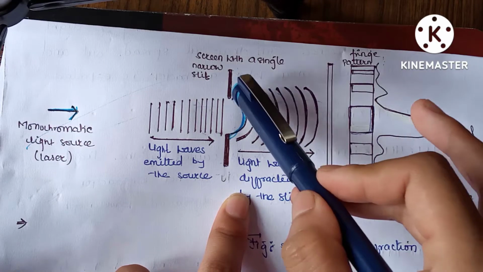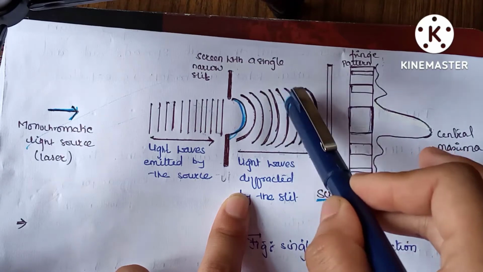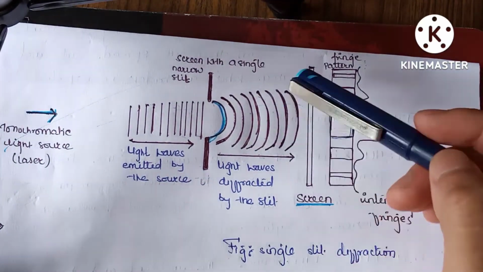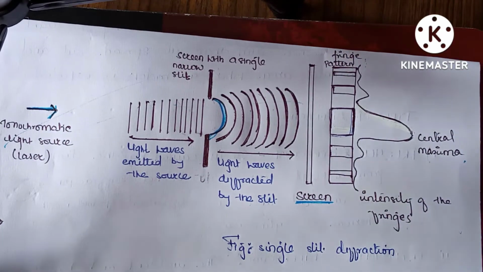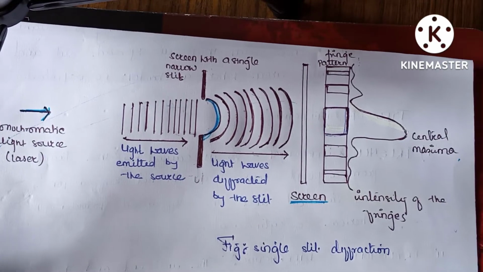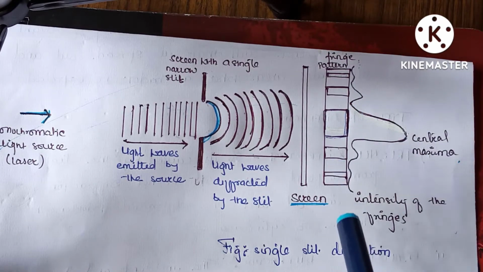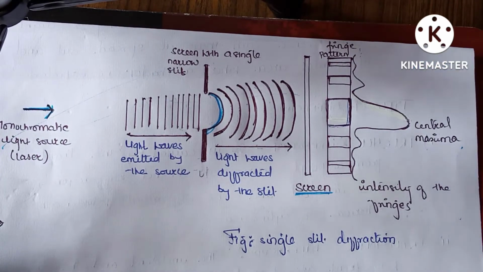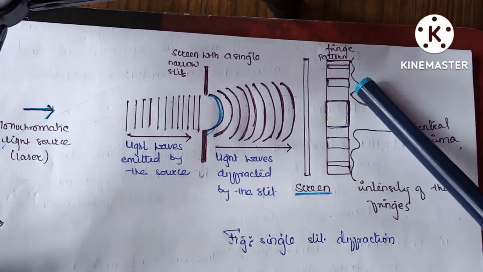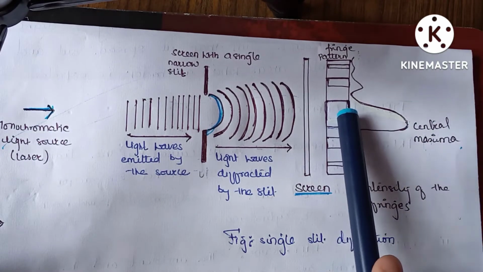Here the light waves have been diffracted by the slit. These are the waves diffracted by the slit, and at the screen we are going to get a fringe pattern, or a diffraction pattern. Here we are going to get some bright fringes and some dark fringes, and this is the central maxima, where the intensity of the fringes will be maximum.